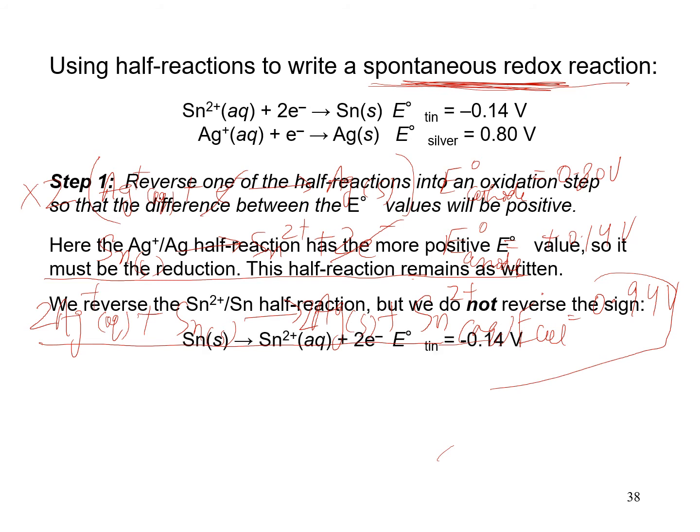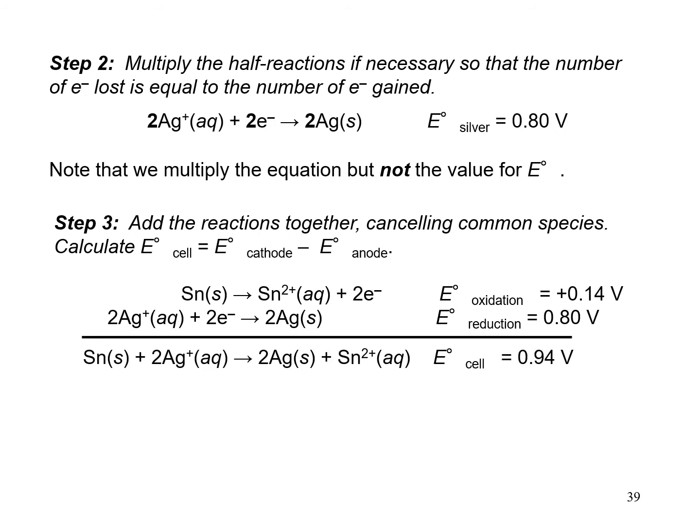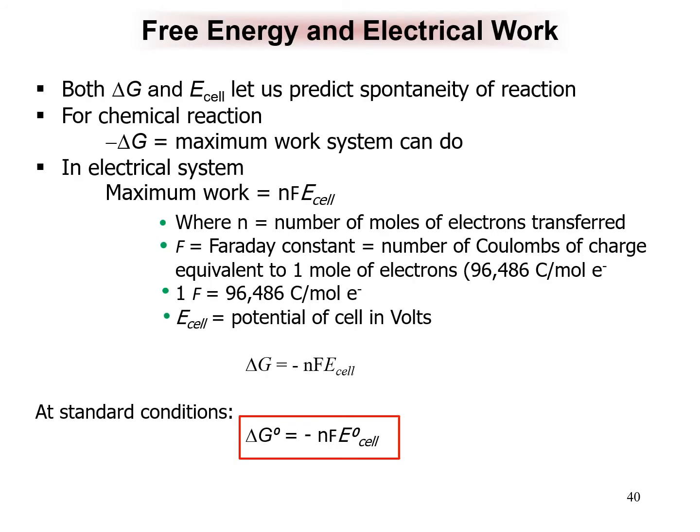So now you know how spontaneity of a reaction can be determined based on E of the cell. Okay, last part is we found out before that a reaction can be spontaneous. We can tell that based on the sign of G and based on the sign of E, which means both of these values have to be somehow related to each other, right?